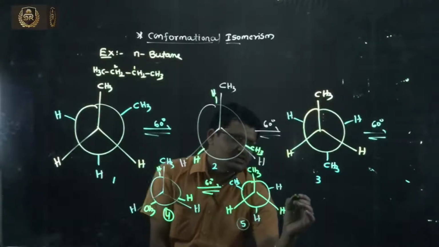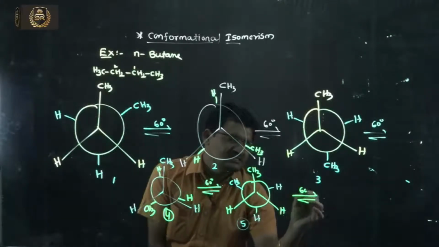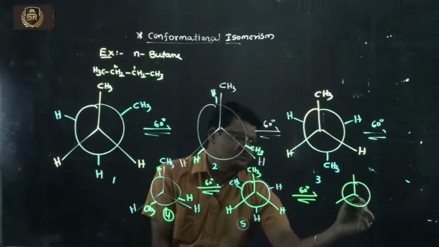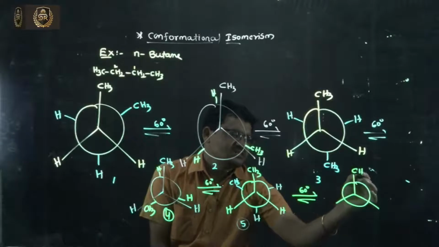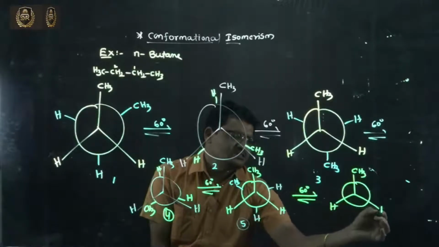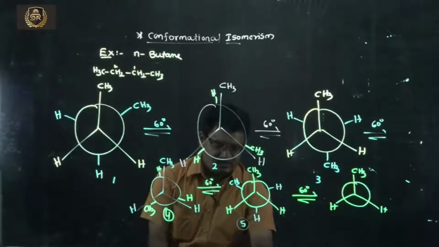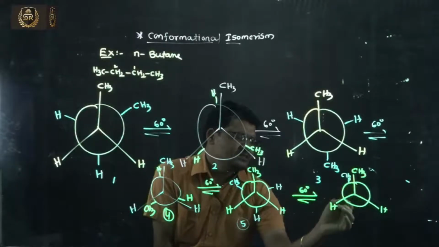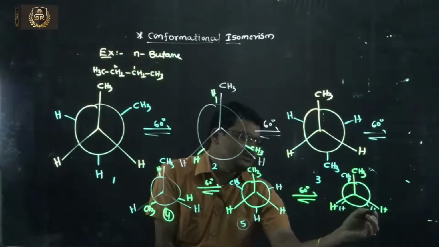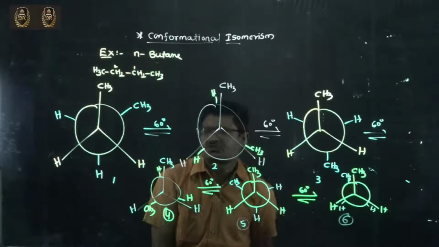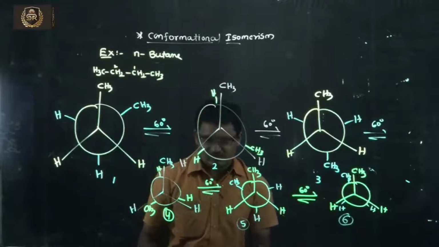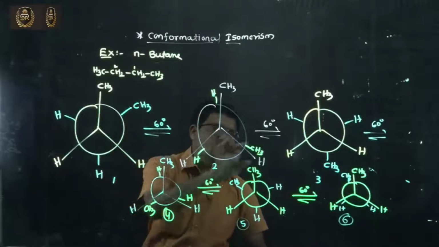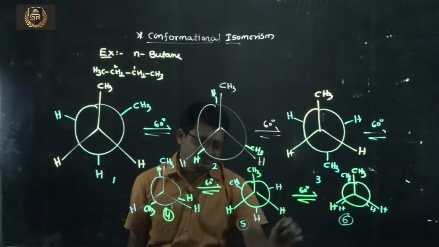Now it again rotates 60 degrees to give a Newman projection like this: CH3, H. Here this CH3 comes to this side, and the other two are hydrogen. This is the sixth structure. So in butane, six structures are formed: 1, 2, 3, 4, 5, 6.